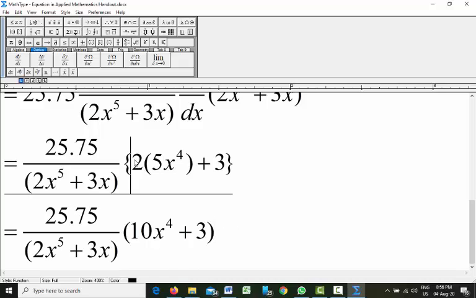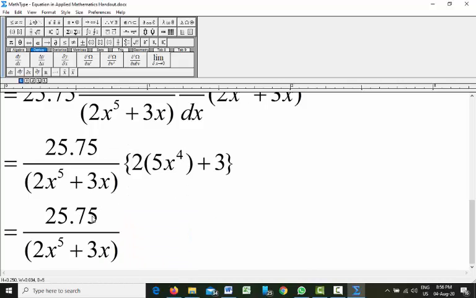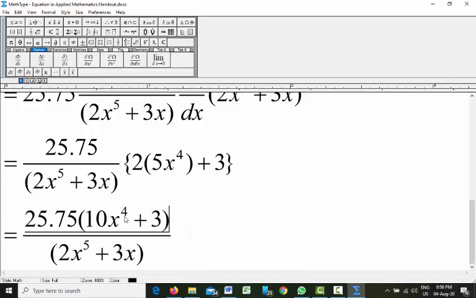So 2 into 5 x to the power 4 gives 10 x to the power 4 plus 3. You can keep it like that, that's the answer. Or you may just move this one to here. It's the same. So that's the answer.